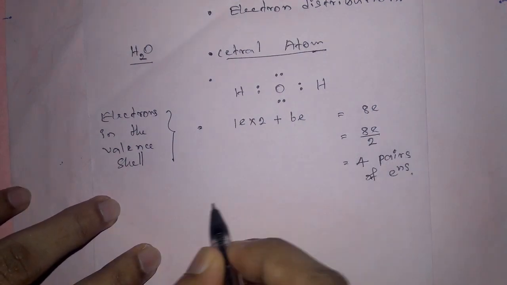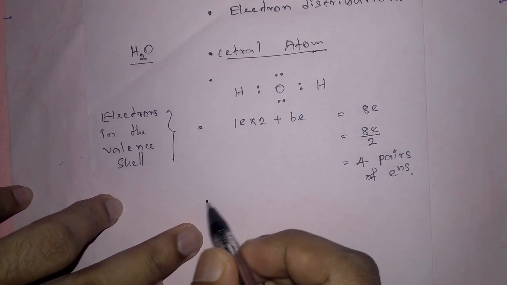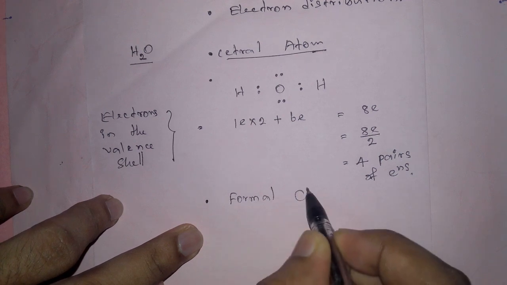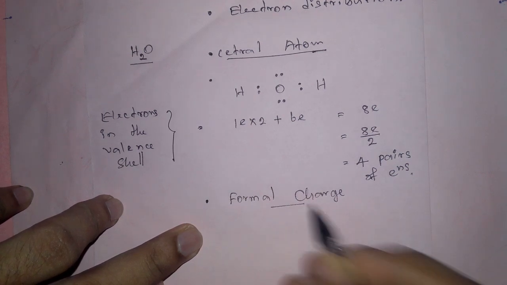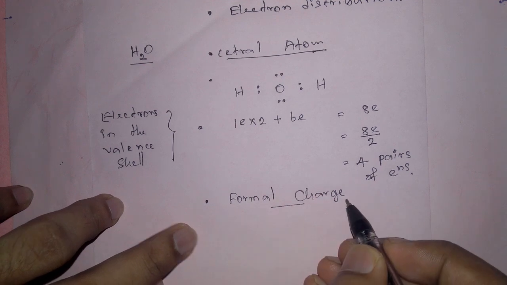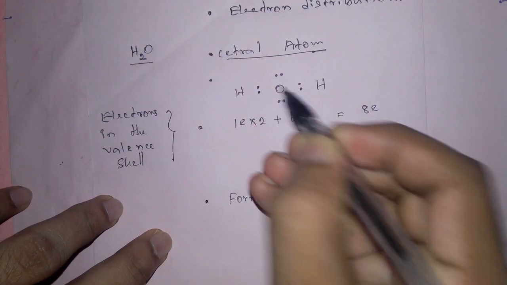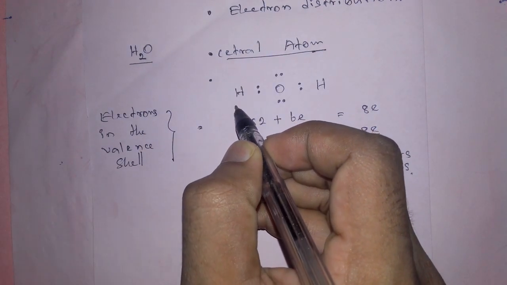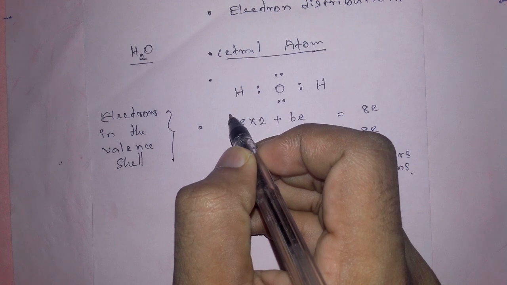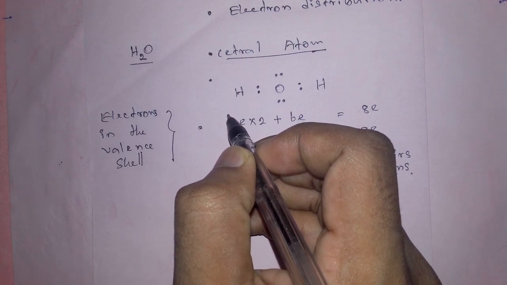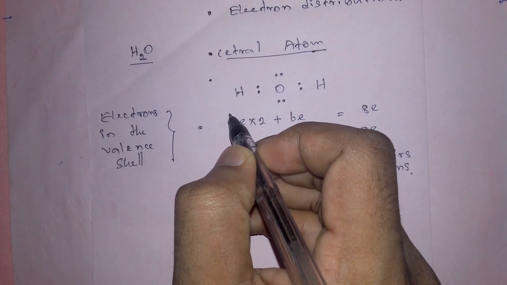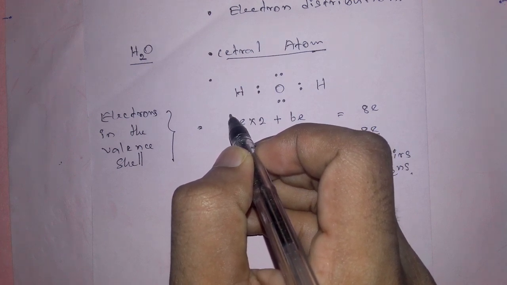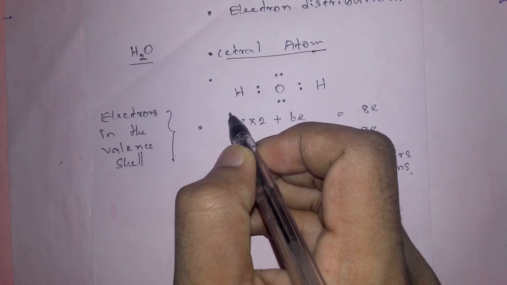And next point is finding the formal charge. Let's see how to calculate this formal charge. It is like this. Calculate the number of electrons of the relevant atom first in its native form, and after forming a bond, the amount of electrons in the valence shell before the formation of bond and after formation of bonds.